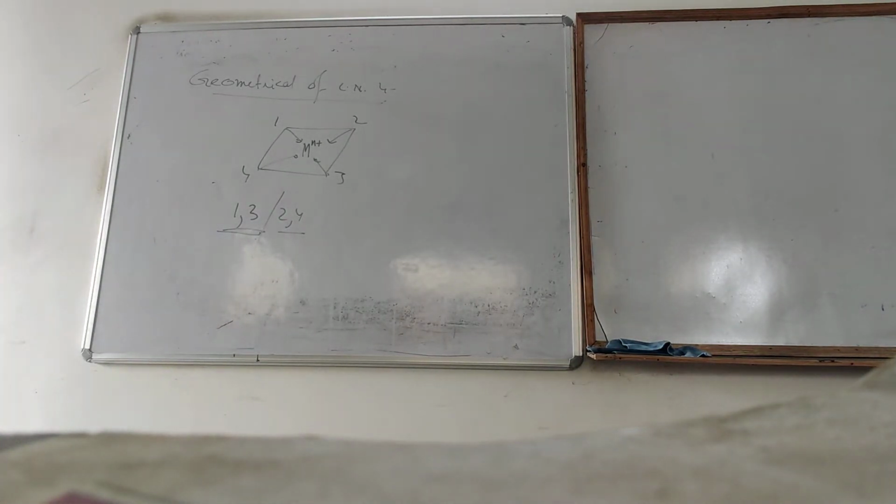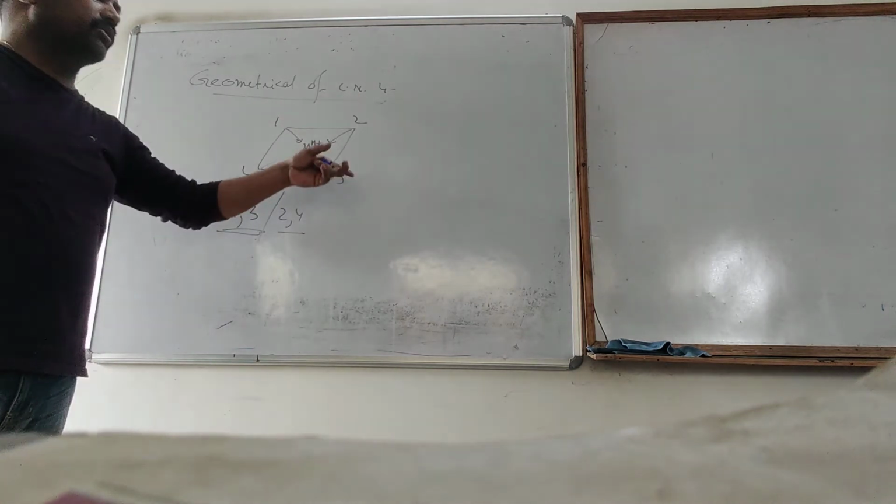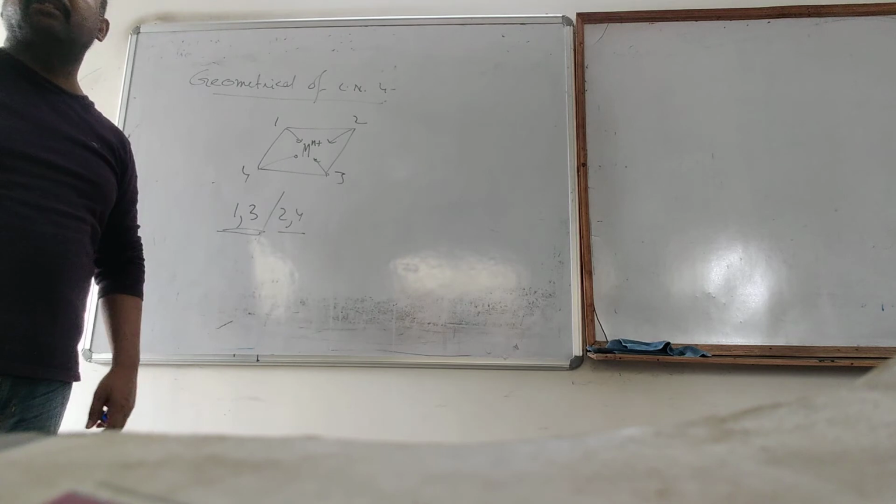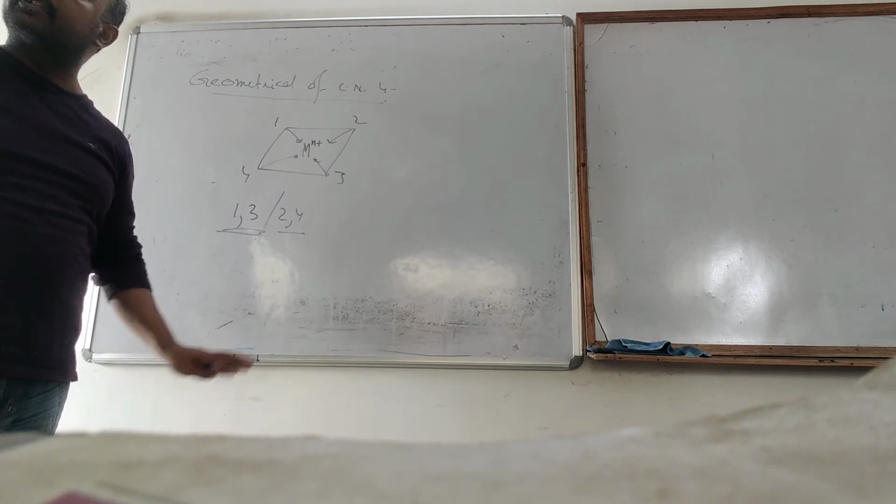If they are placed at 1 and 2, or 2 and 3, or 3 and 4, they are all cis pairs. Is it clear?